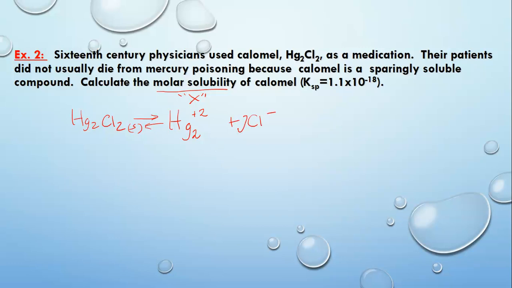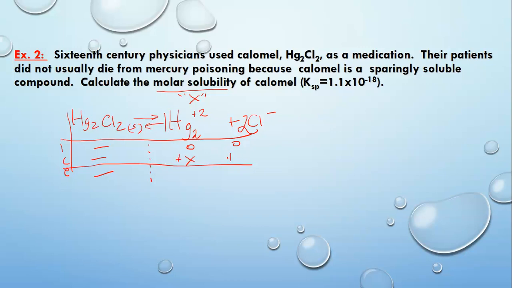Now there's 2 chlorides in the formula. Okay, so this gives you a 1:2 ratio. So there's your dissociation reaction. You can do your ICE table. Solids are ignored in your equilibrium expressions. This is 0, 0 as usual.